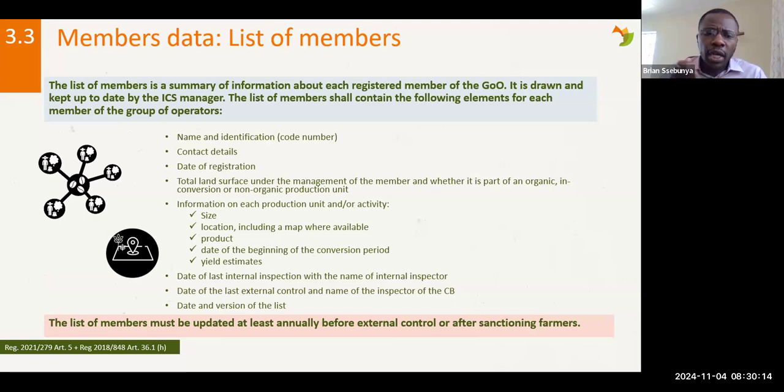And for each production unit, the size, the location, you can also include the map, the products grown there, when they began the conversion period. Conversion period is indicated per production unit, per farmer. So it's not based on the verification. You will not just say blanket that the farmer starts from year one.